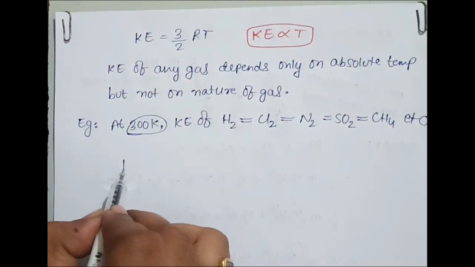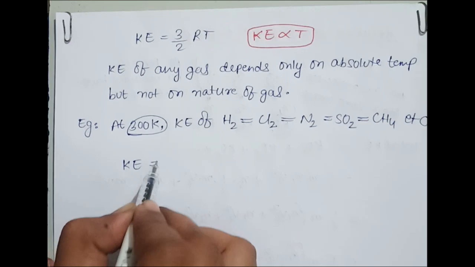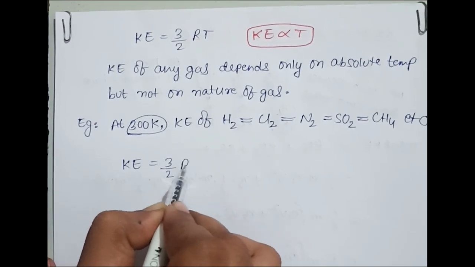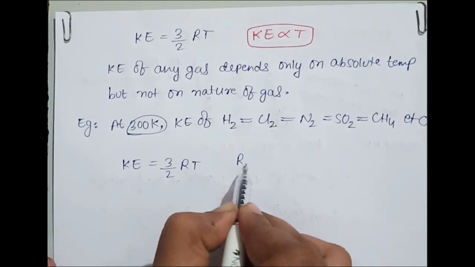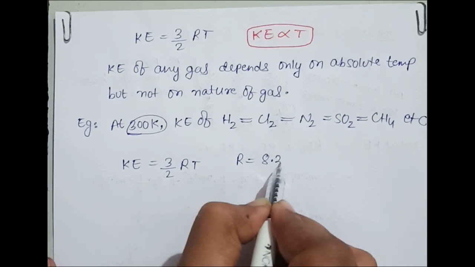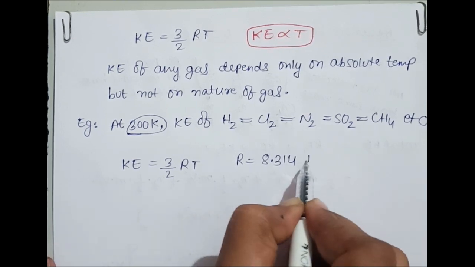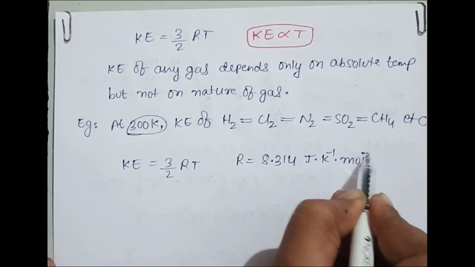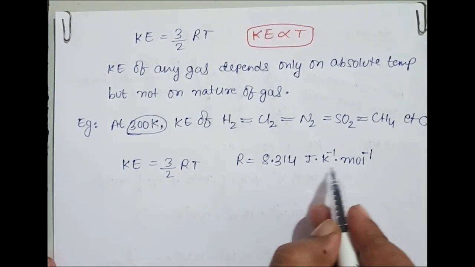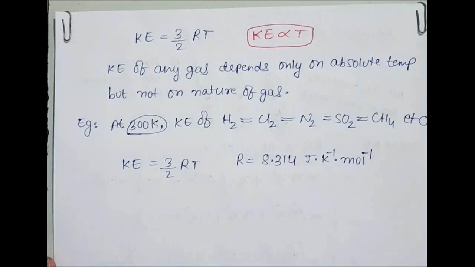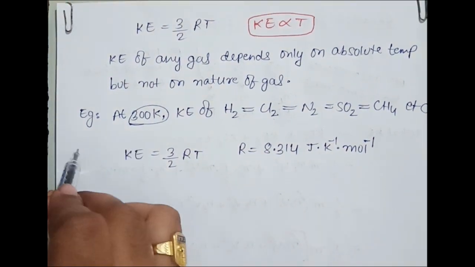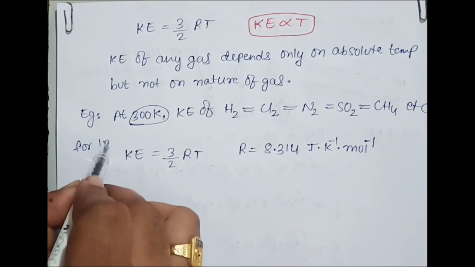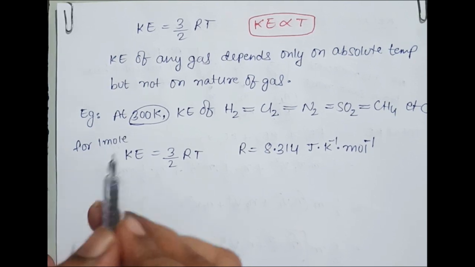Now let me write the value of kinetic energy, 3 by 2 RT, where R is equal to 8.314 joule per Kelvin per mole. This is for 1 mole of compound.